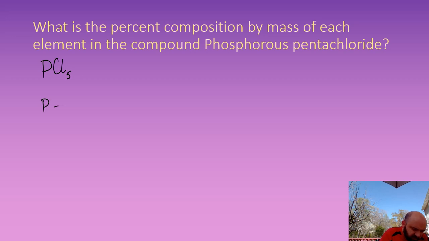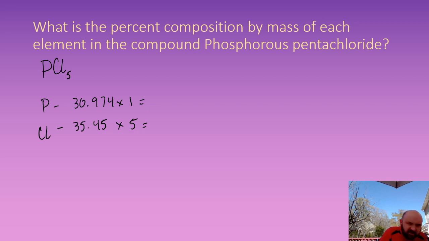Then we're going to look at each atom's atomic mass to determine the relative percent composition. Phosphorus has an atomic mass of 30.974 atomic mass units. Chlorine has an atomic mass of 35.45 atomic mass units. There are 5 chlorine atoms there, while only one phosphorus atom is present.